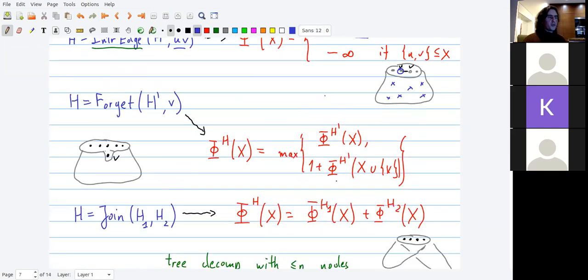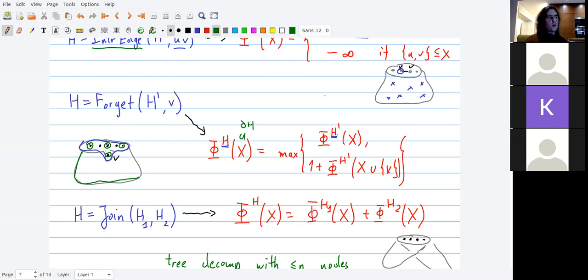Okay, so next we can forget a vertex. Here we have the old boundary, which included some vertex v, and now we are forgetting it. So the new boundaried graph H will not have v as a boundary vertex. However, it was included in the boundary of H prime. Now if I would like to understand the best possible extension of a set X, which is a subset of the new boundary, then the extension of this independent set into graph H might have included v or not.